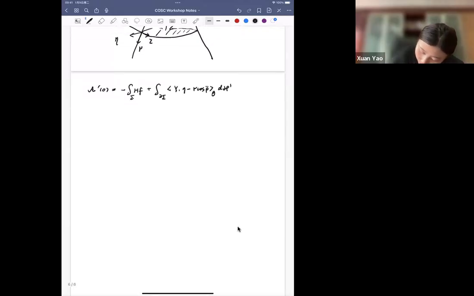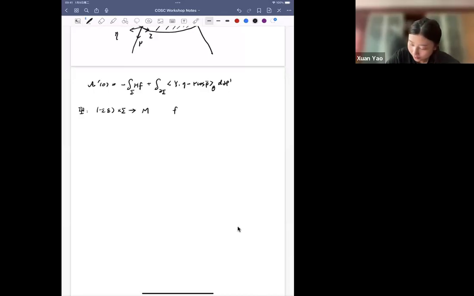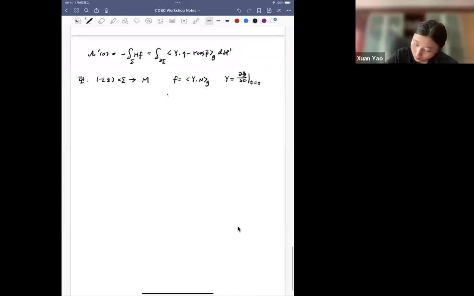We actually consider the variation psi, defined on minus epsilon to epsilon times sigma into M. And f is defined as the inner product of Y and n, where Y is the derivative of psi in t at t equals 0. And it's obvious that Y is tangential to the boundary of M along the boundary of sigma.